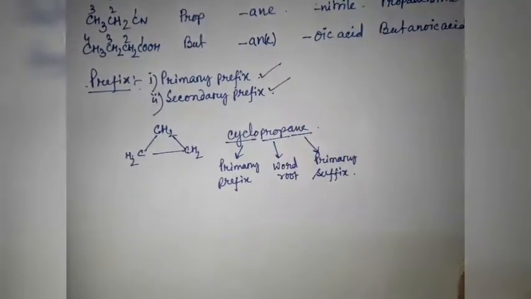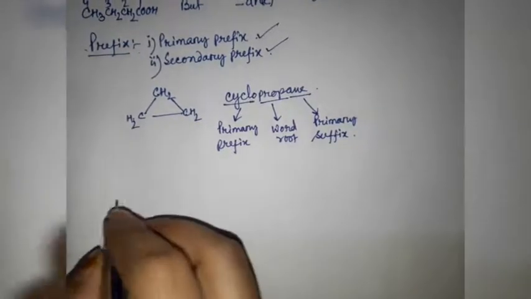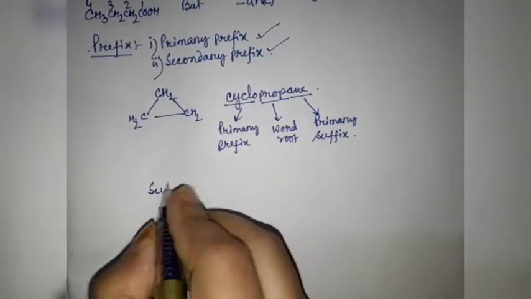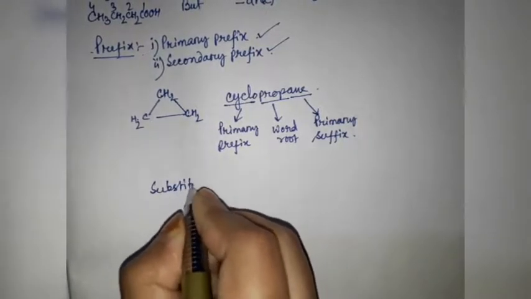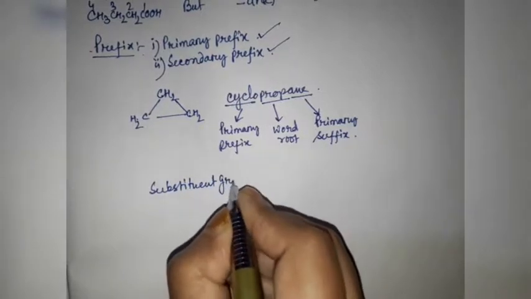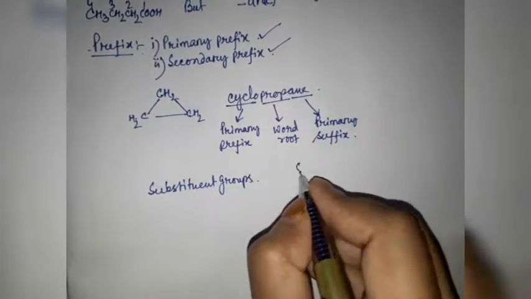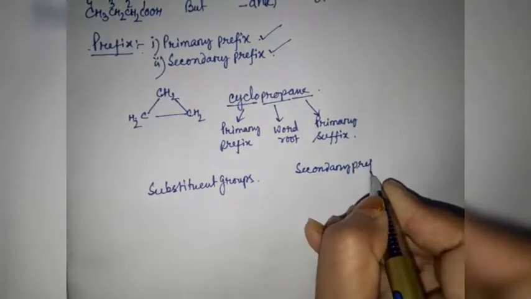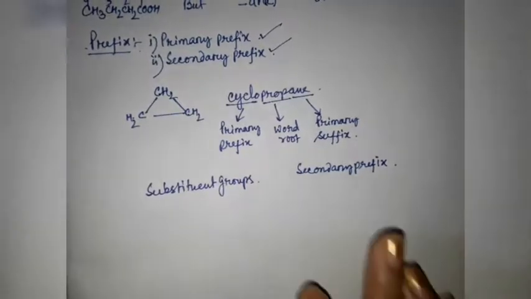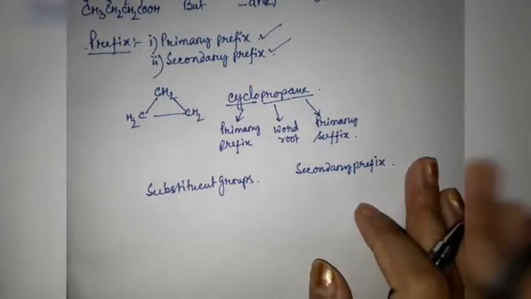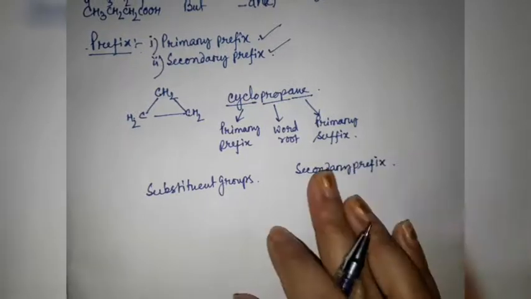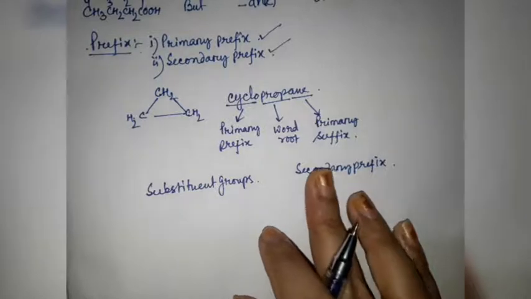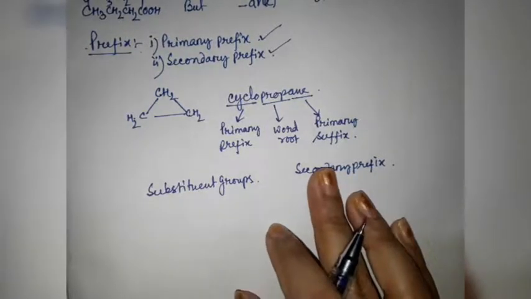Now secondary prefix. So whenever I am writing the substituent groups and secondary prefix. In the IUPAC system of nomenclature, some groups are not considered as functional groups or secondary suffixes. They are treated as substituents and are called secondary prefixes.